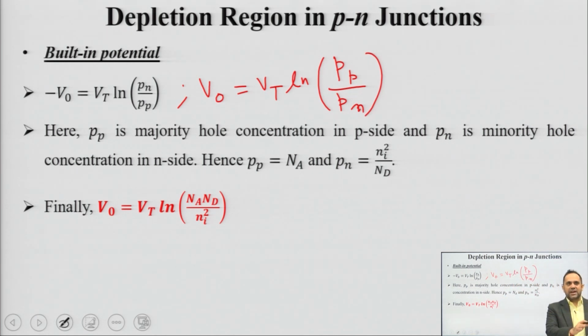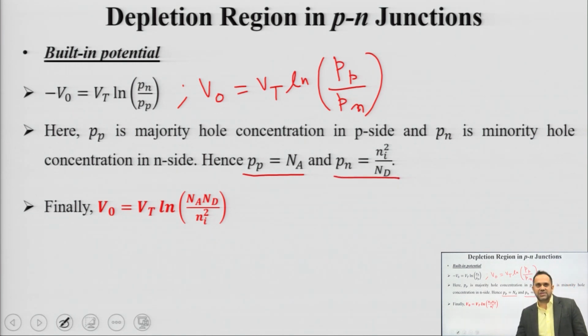Holes in P side are majority charge carriers, only doping dependent. Holes in the N side are minority carriers, can be obtained by law of mass action. So, in the P side, hole concentration is equal to doping density. In the N side, hole concentration is obtained by law of mass action. Putting all these things together, this is your expression for built-in potential.